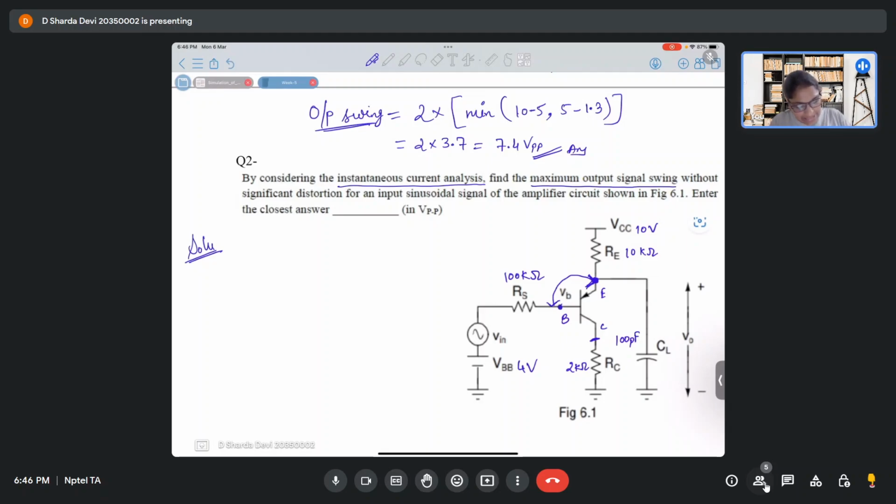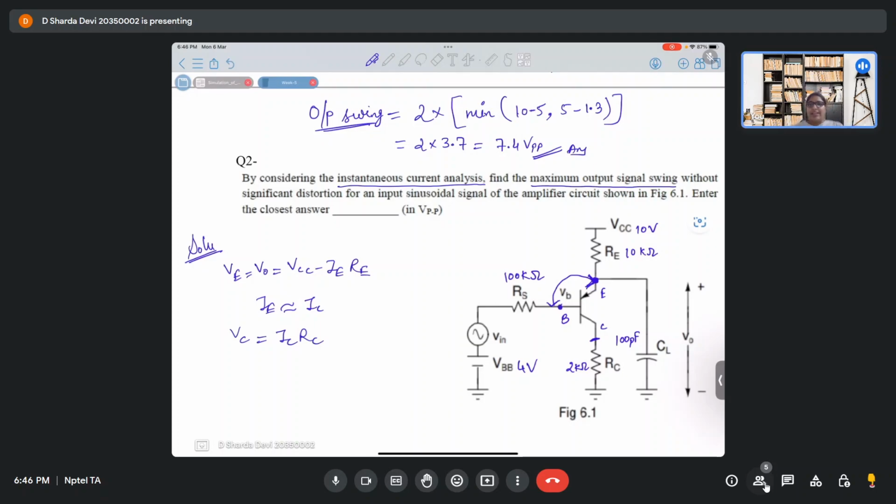In this circuit, your V0 is actually VCC minus IERE. Let's consider IE almost equal to IC. There is not much difference. And your VC is actually ICRC.